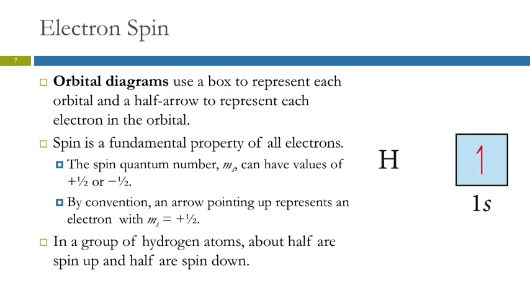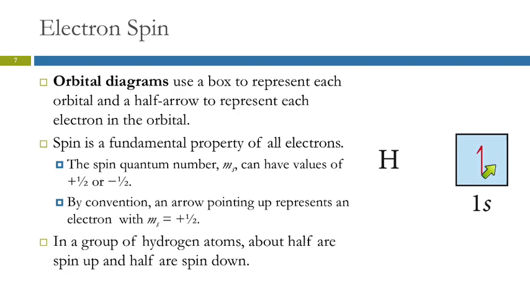So electron configurations are things like 1s2, 2s1, those sorts of things. Orbital diagrams, as the name implies, are a diagram of the orbital. Here we're going to use little boxes. Each box represents 1 orbital, and the electrons are indicated as arrows. So it's a half arrow, and the direction that the arrow is pointing in tells us the spin.